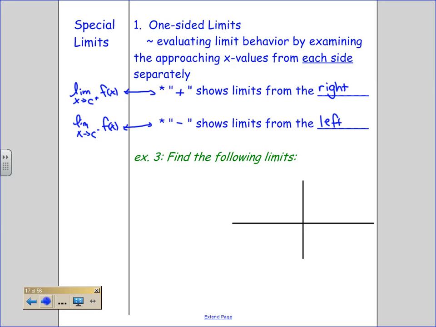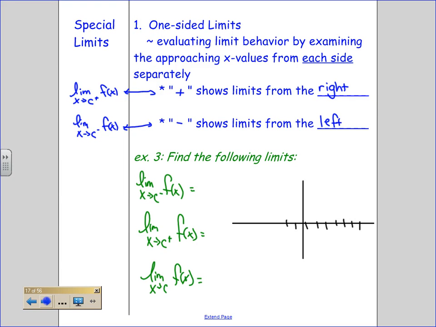So if I were to give you an example, a graph like the following, I want you to find the limit as x approaches c from the left, the limit as x approaches c from the right, and finally, the limit as x approaches c of f of x.